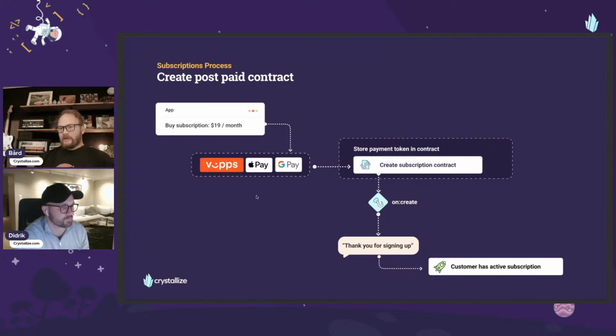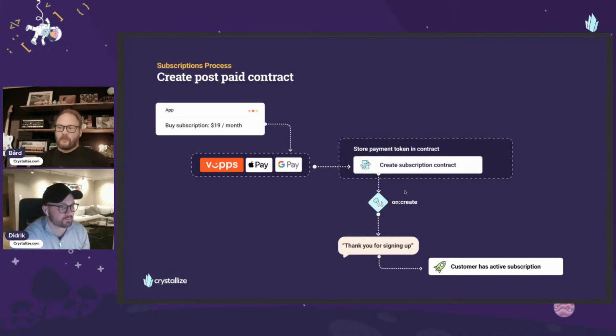So as we see here with a post-paid contract, you basically create an order intent from whatever payment service you use and store that payment information in your subscription contract. And this is, as we discussed, the subscription contract in Crystallize is a contract for a future order on an agreed upon price. In this case, if it's post-paid, you're not charging until the end of the period, right?